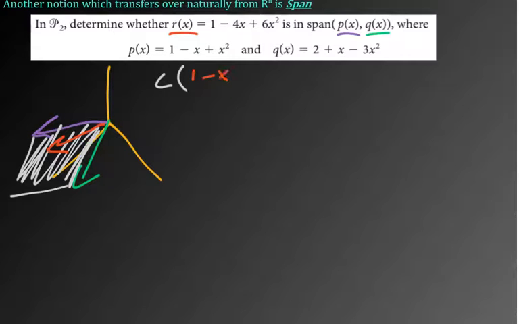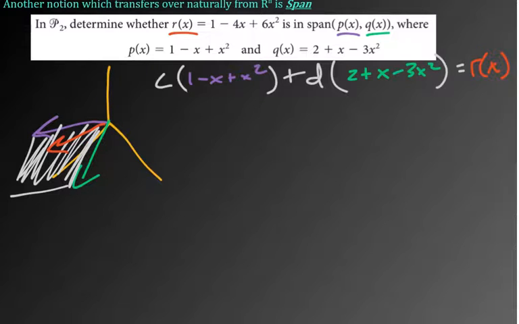So it's 1 minus x plus x squared, is that equal to C times that plus D times Q, which is 2 plus x minus 3x squared, equal to R of x, okay? So basically, is there some linear combination of these polynomials that gets you to R?